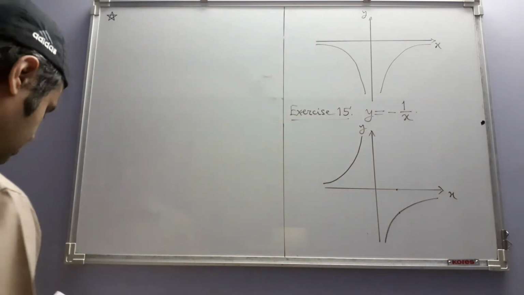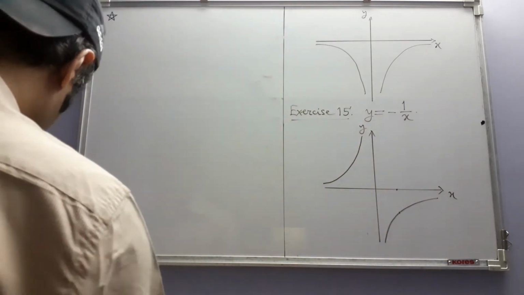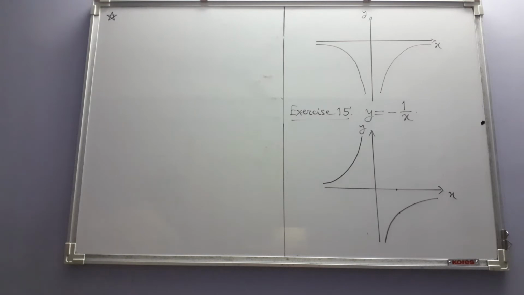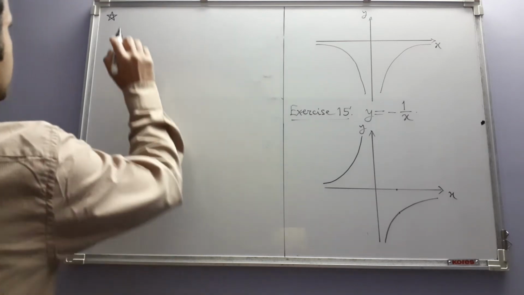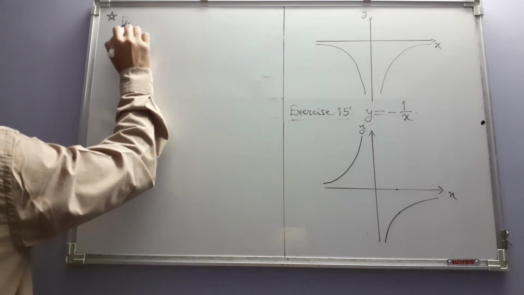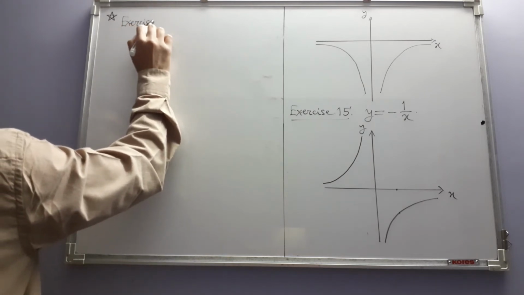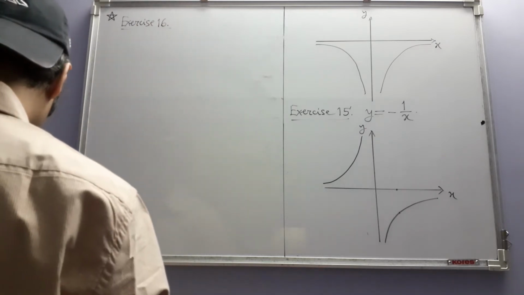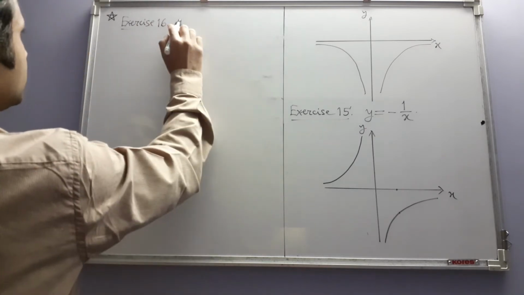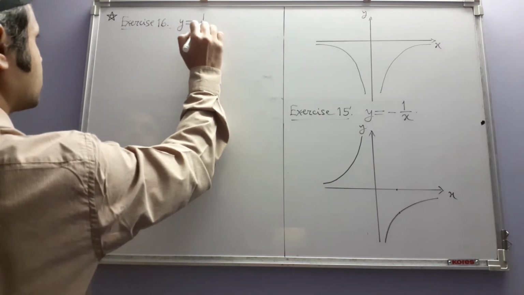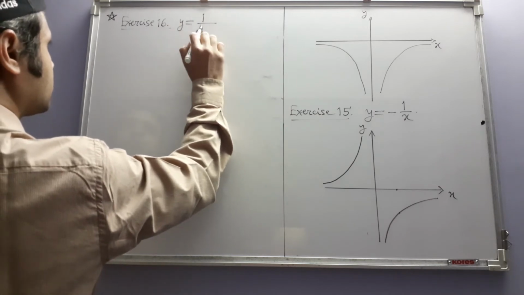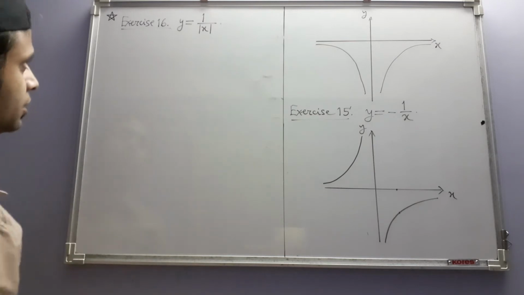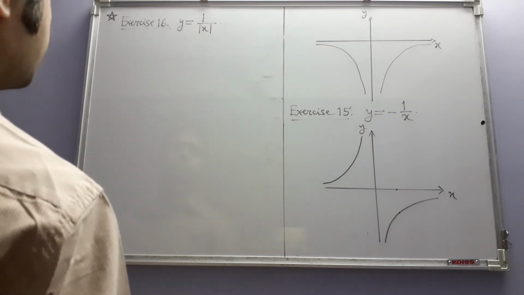Minus 1 over x. Then, okay, next, 16. One over absolute value of x.